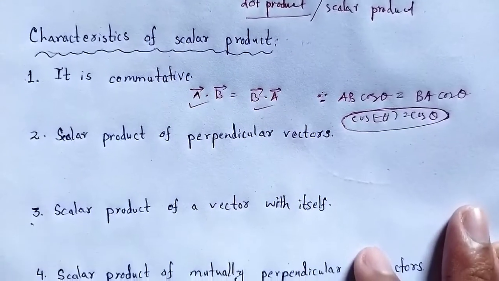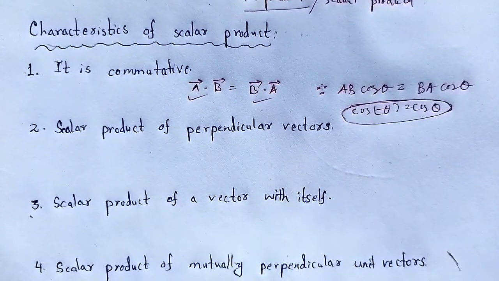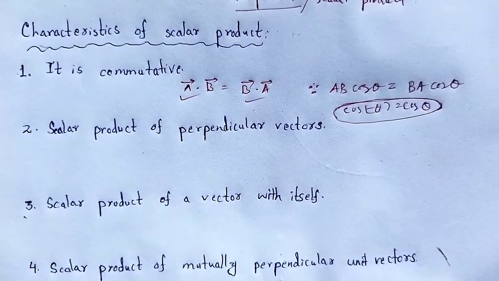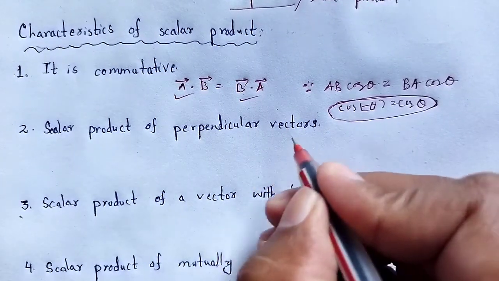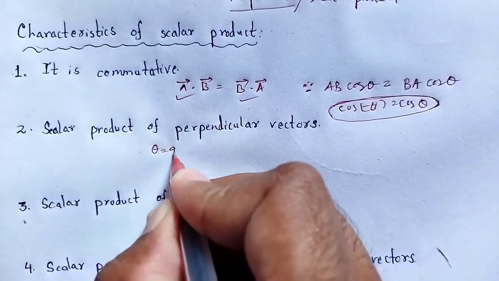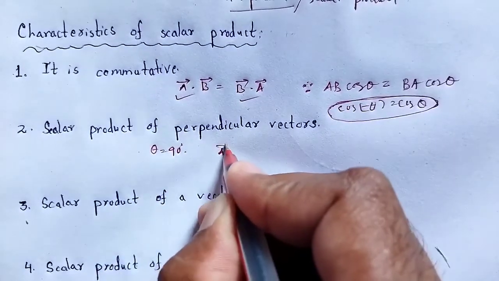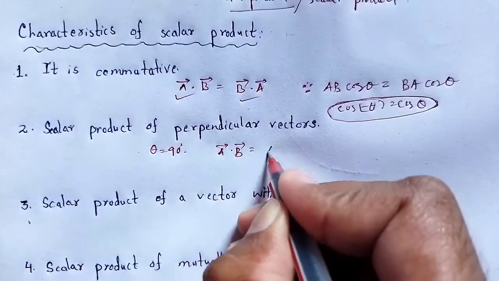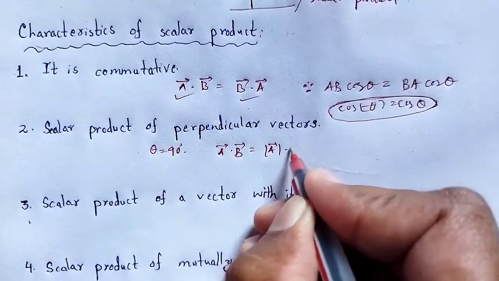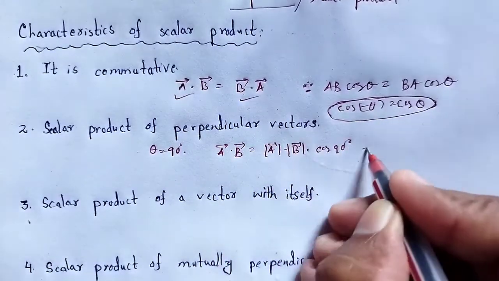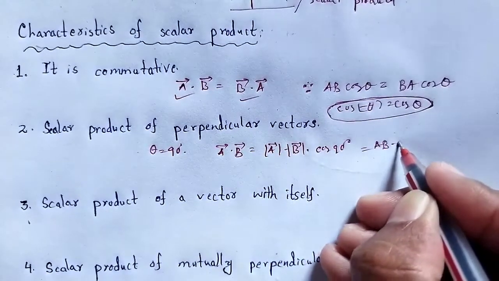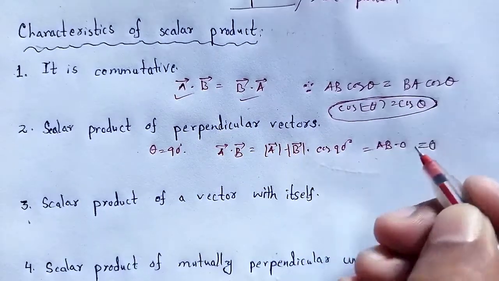Again another property, scalar product of perpendicular vectors. Perpendicular vectors in the sense, if theta is equal to 90 degrees, that means A dot B is equal to A B cos 90 degrees, which implies A B into 0. Cos 90 means 0, so that is 0.